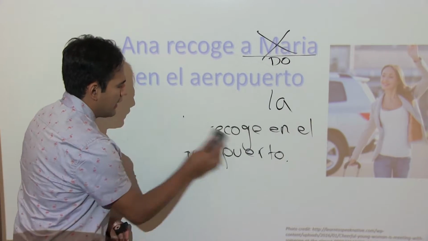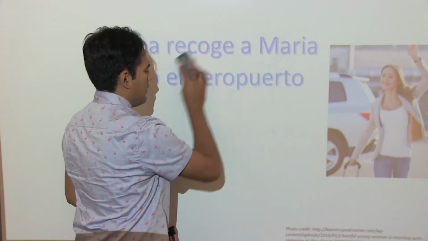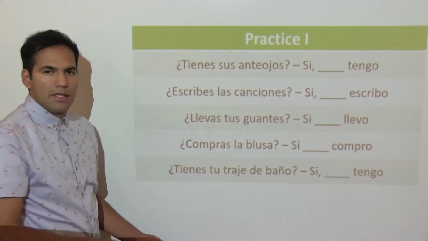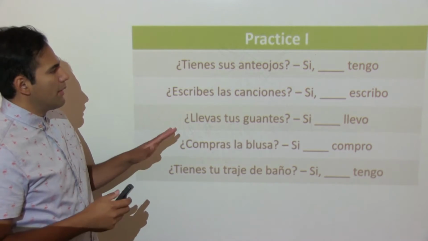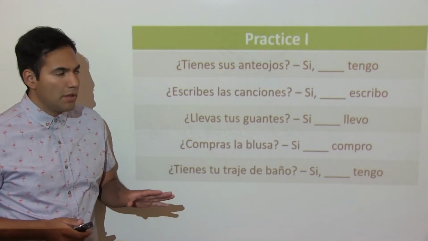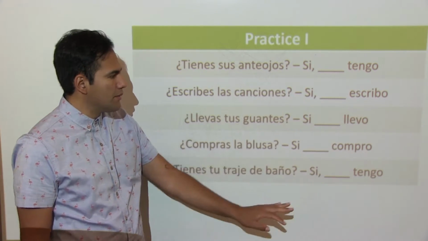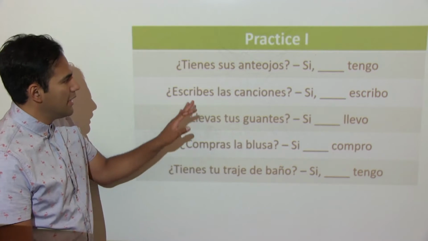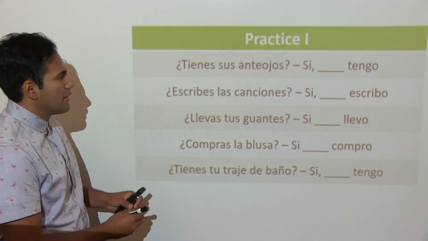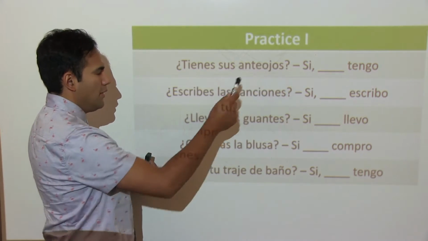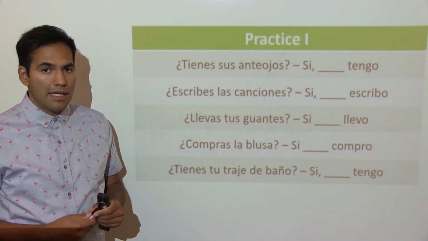For now, like I said, we have another video where we describe the placement of the direct object. But now what I want you to do is pause the video and use the right pronoun to replace the direct object. So again, here, ¿tienes sus anteojos? Or do you have your sunglasses?